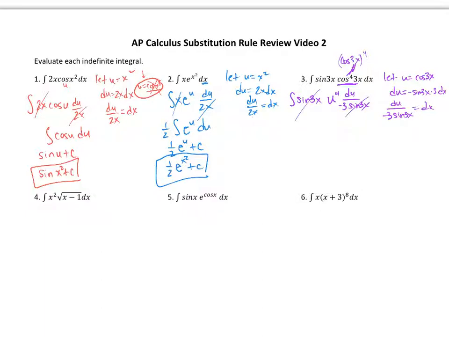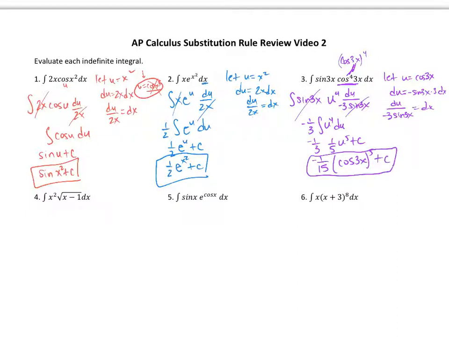So that reduces out, and we end up with, let's put the negative 1/3 on the outside, the integral of u to the 4th du. So this becomes negative 1/3, and then 1/5 u to the 5th plus c. So you end up with negative 1/15, and let's make that resubstitution: cosine 3x to the 5th plus c.